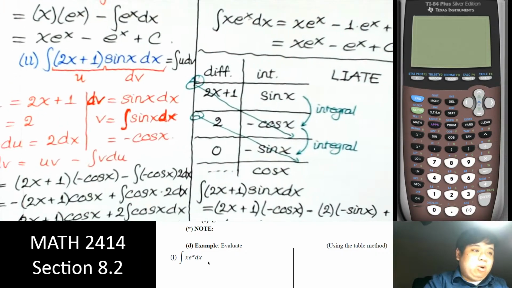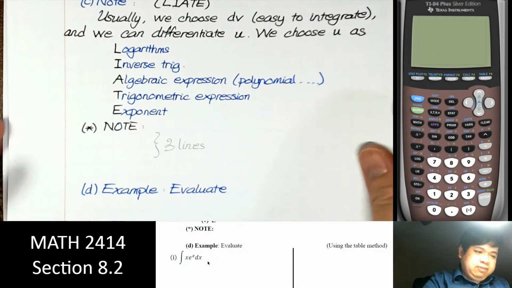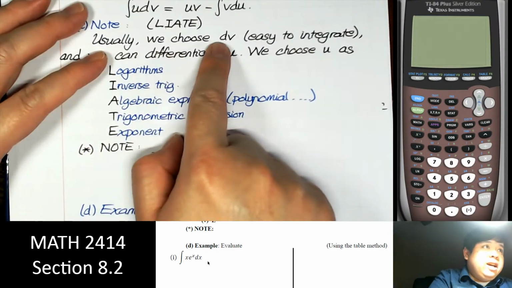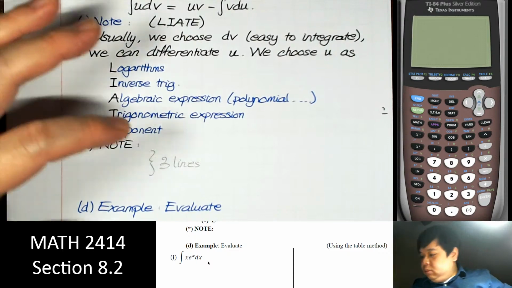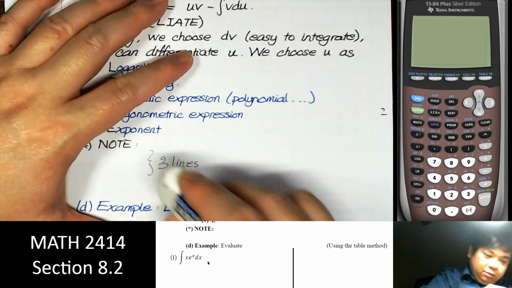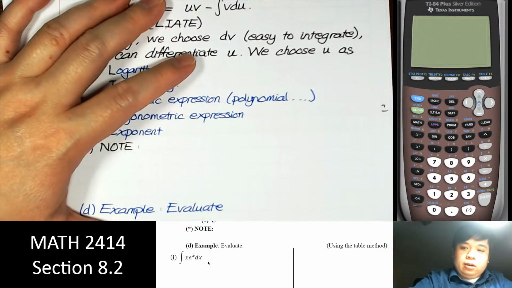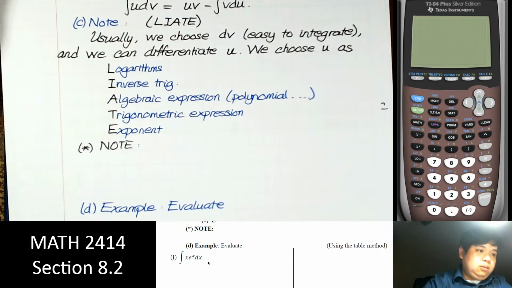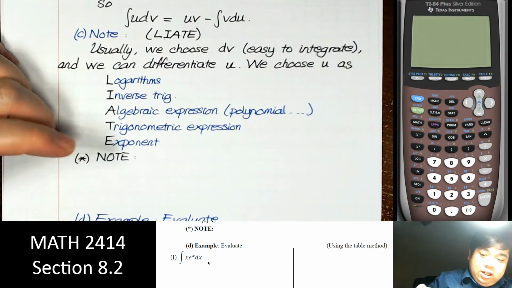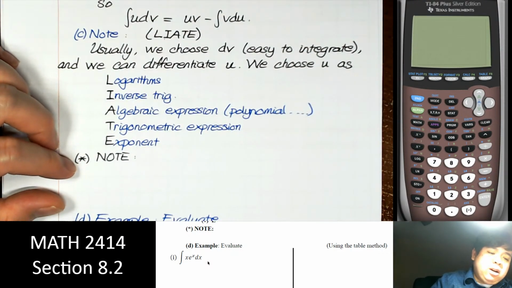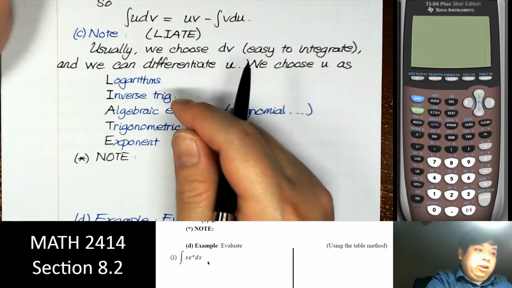Now, that's the note we have from last time. And even before that, we have the note, and then we just leave about 3 lines. Right. So what we need here is u to be differentiated, so we have to choose something that we can differentiate.